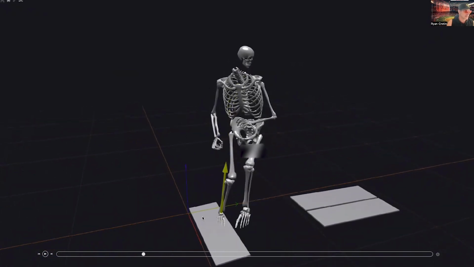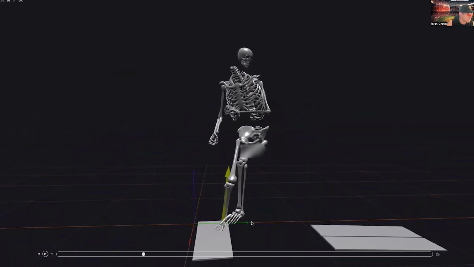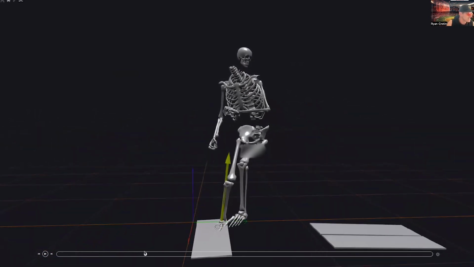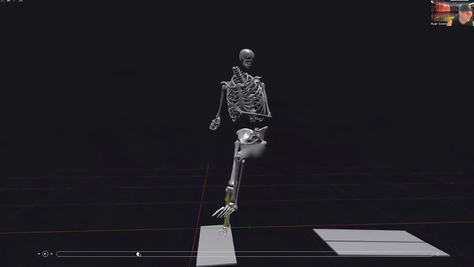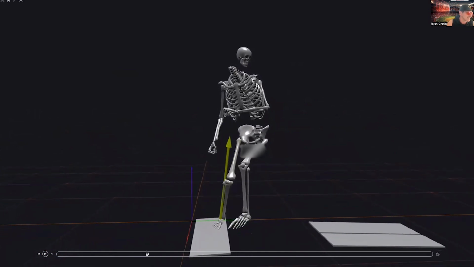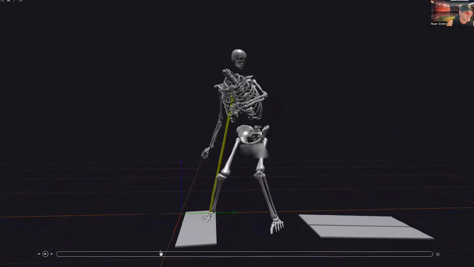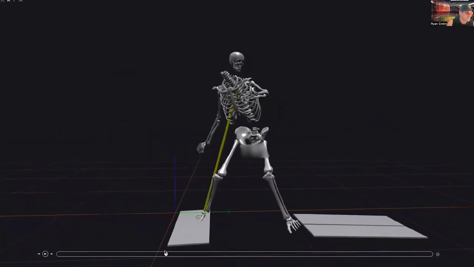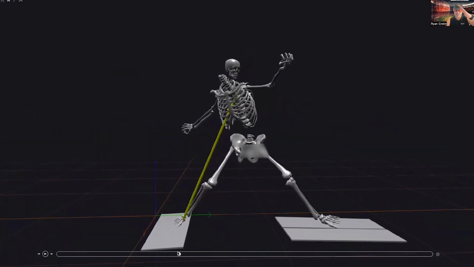So I want to kind of show you, if we visualize the force, you're going to see when he starts, that arrow, this one here, it's more vertical. But you can see that that vector, because it changes not only in magnitude, but direction as he's driving, starts to tilt.